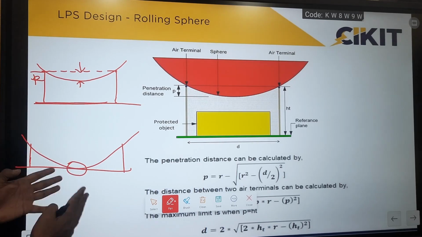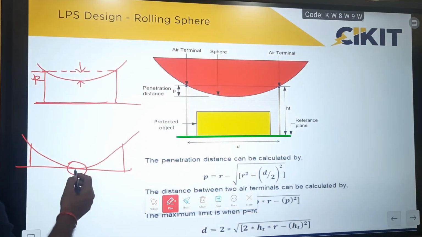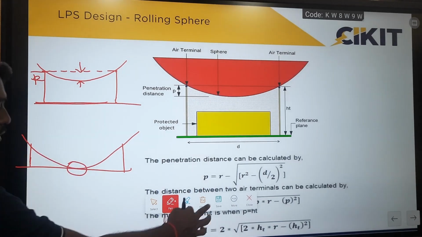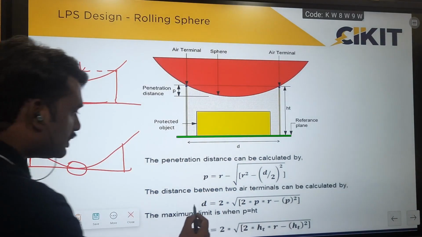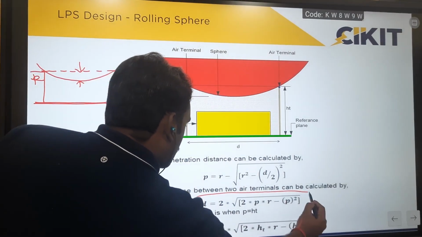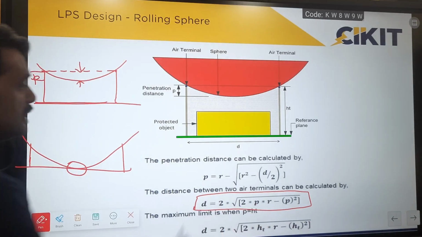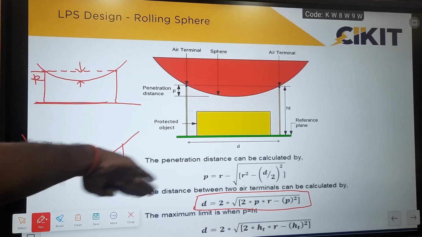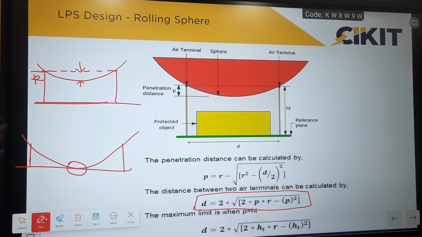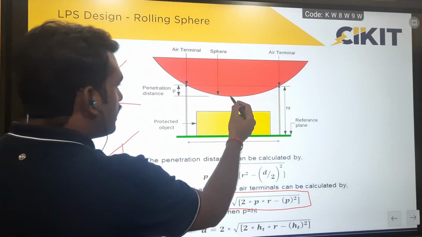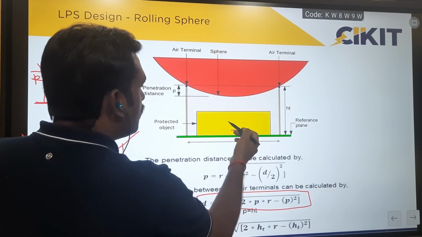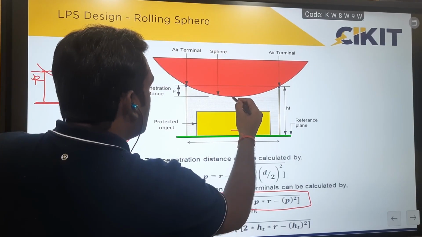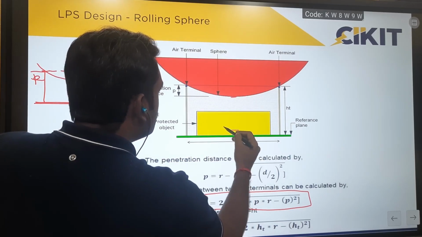If the sphere touches the structure, then that particular point will be considered unprotected. So I have to find a suitable distance so that contact of the sphere with the structure can be avoided. This is the formula for calculating that. The distance formula is D = 2 √(2pr − p²), where p is the penetration distance. The penetration distance is how far the sphere comes below the level of the air terminals. If there are no structures, then I can increase the distance so that this portion of the sphere can come up to this point.